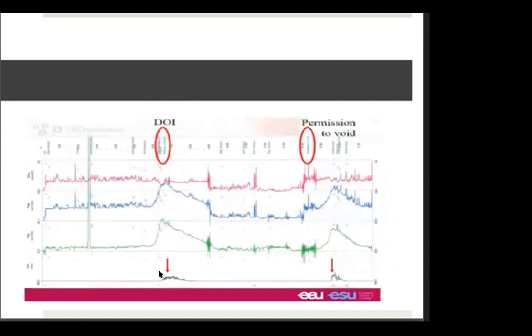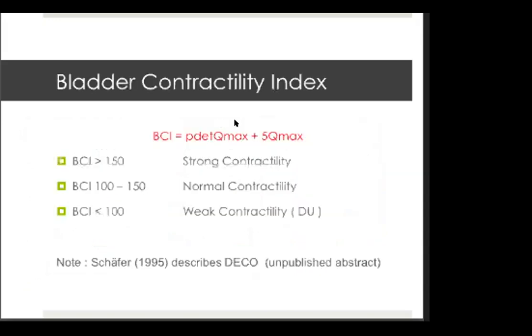Mayroon siyang incontinence dito. Incongruent siya dun sa detrusor muscle and the vesical pressure. So this is overactivity with incontinence. So the bladder contractility index is equal to PDET at Qmax plus 5 Qmax.